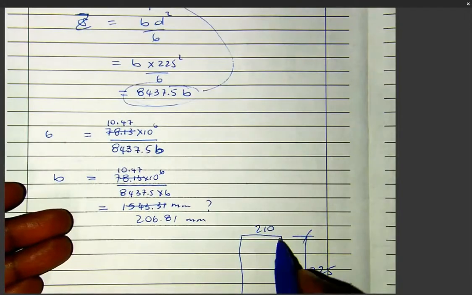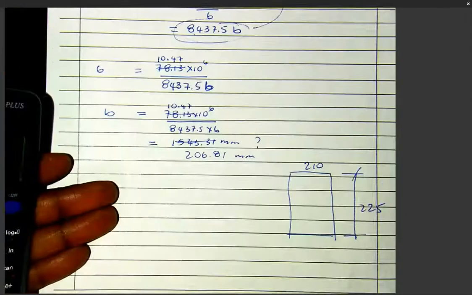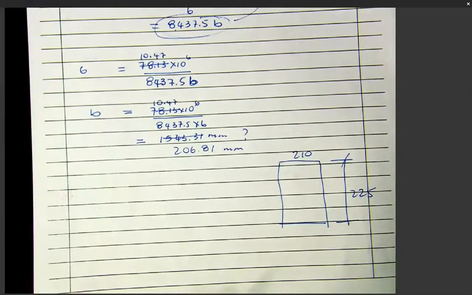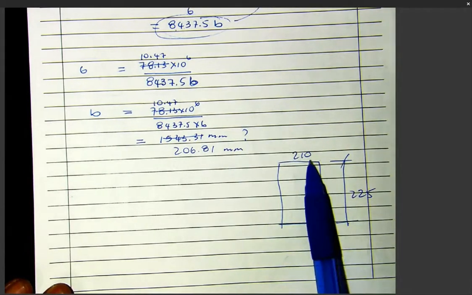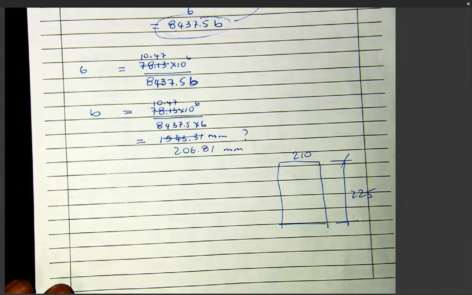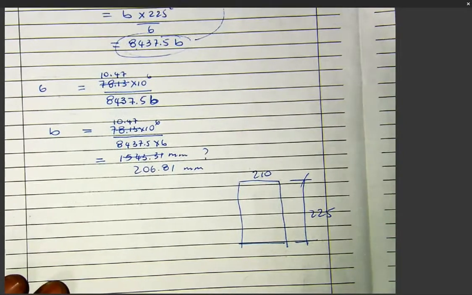Now that's where you start negotiating with the architect. Can I get up to 250? Then I reduce that dimension, because this section is not a very economical section. It's wide, but it doesn't have the right depth.